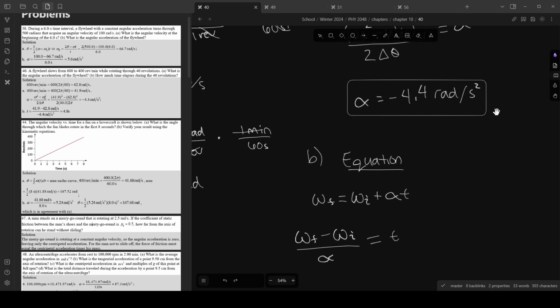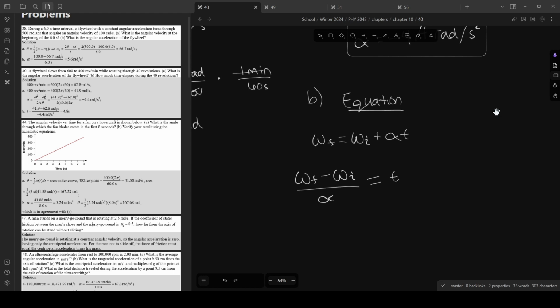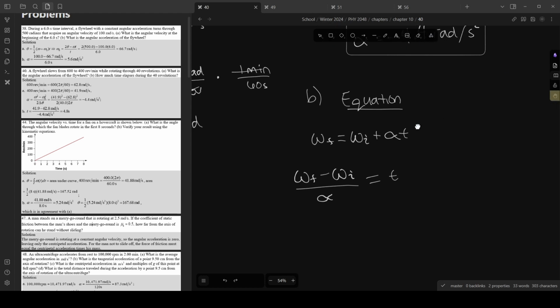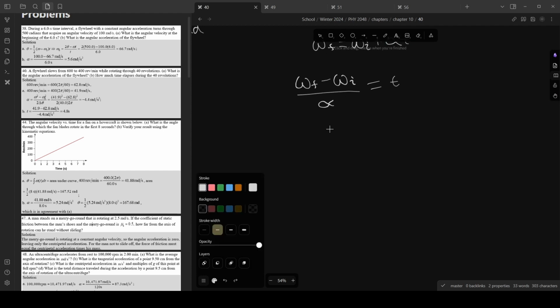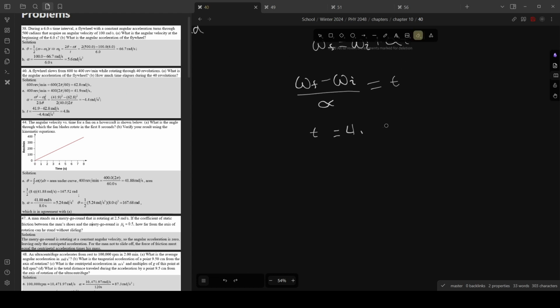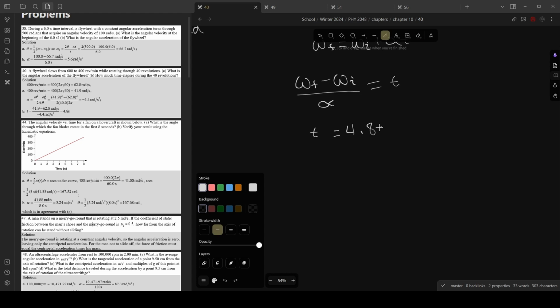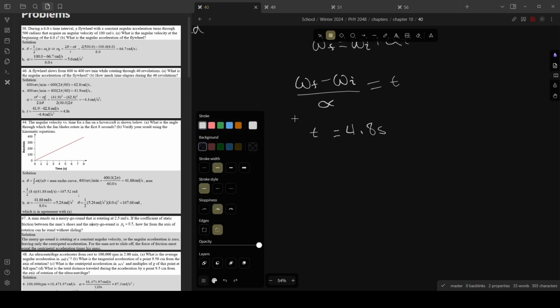Then we want to divide by our angular acceleration, which we just found, negative 4.4 or negative 4.36 might work. But our time we get is positive, which is a good sign. We get 4.75 seconds for our answer. And then rounding to 2 sig figs, we get 4.8 seconds. And that is part B done.